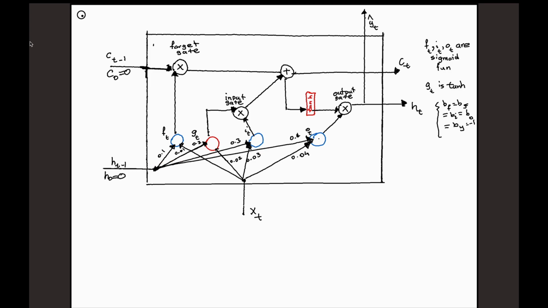By the way, if you have a piece of paper, please stop the video and draw the same thing, and try to do it alongside me, because then it makes way more sense. X is also fully connected to these. The weight to F through X is 0.01, 0.02 for G, 0.03 for I, 0.04 to O. I intentionally use these numbers so that there will be a low chance to screw things up. And here we have biases.